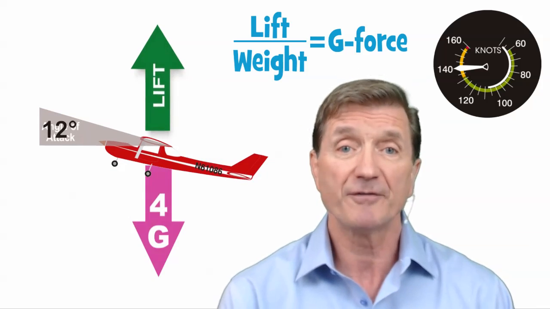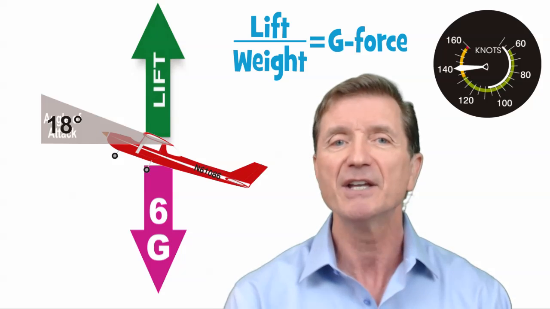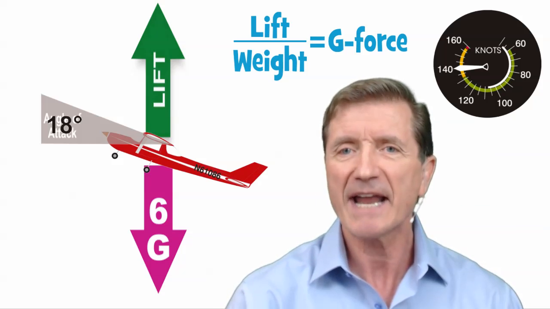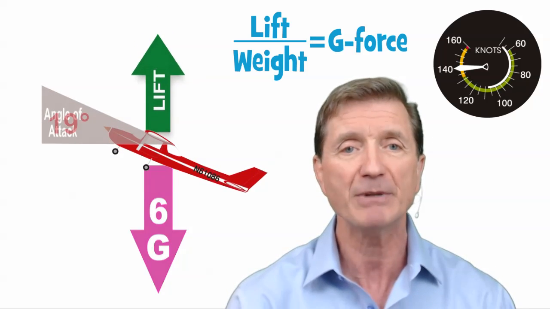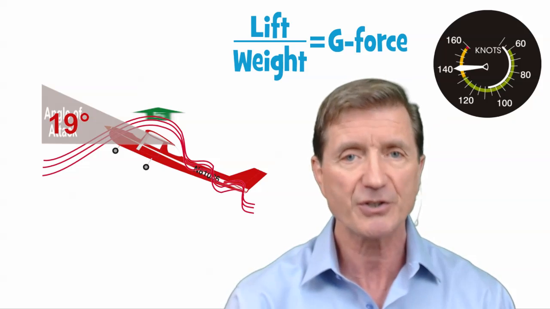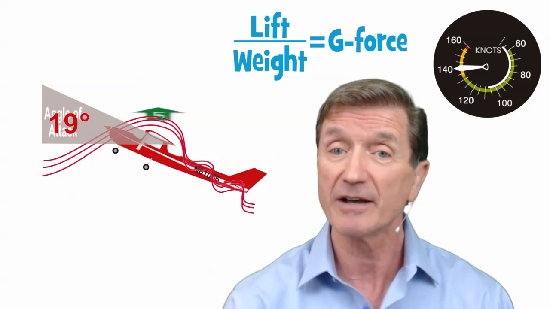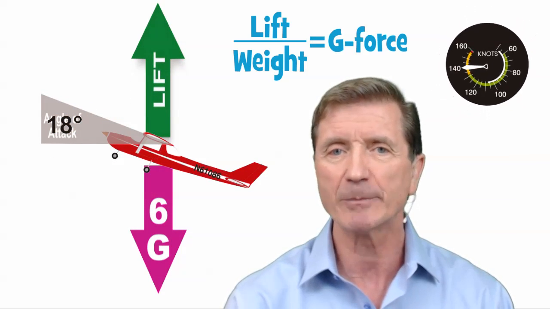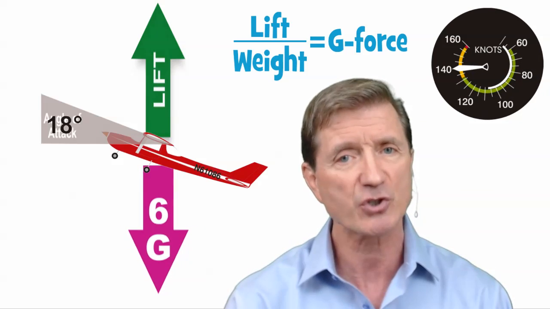An increase to 12, 15, and 18 degrees increases the lift and G-force to 4, 5, and 6 times its original value. Since wings stall at an angle of attack of approximately 18 degrees, any further increase in angle of attack beyond 6 times the original value of 3 degrees won't increase the G-force. After all, stalled wings aren't producing very much lift. Therefore, at 140 knots, our airplane is capable of experiencing a maximum of 6 Gs before the wings stall.